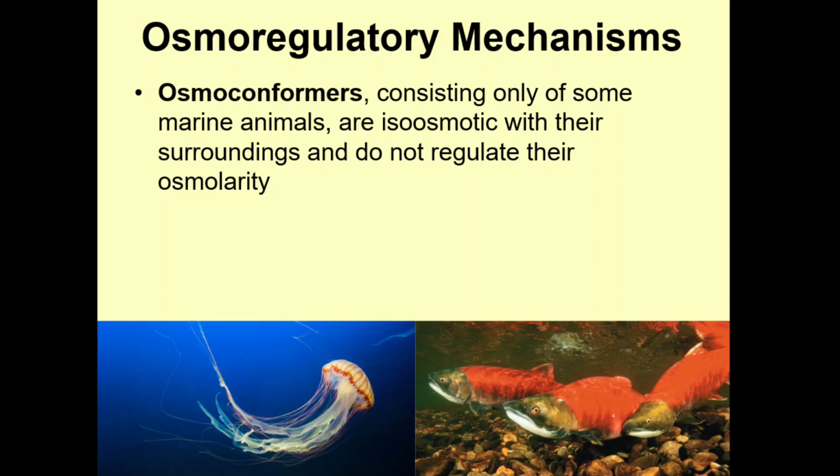So osmoconformers, consisting only of some marine animals, are isoosmotic with their surroundings. So the inside of these animals will just be the same as the water in which they're living. So they do not regulate their osmolarity.